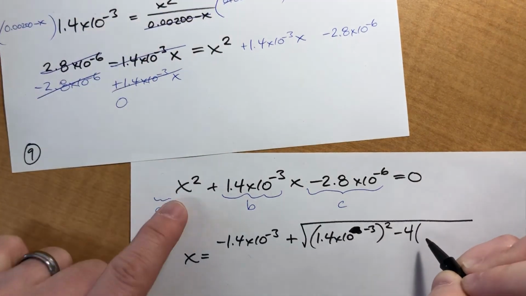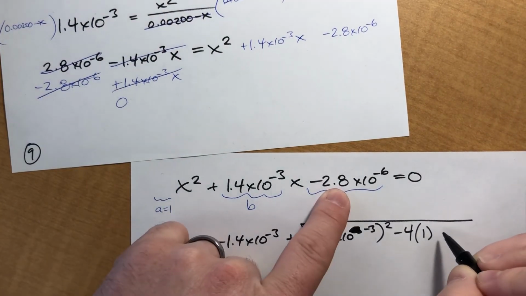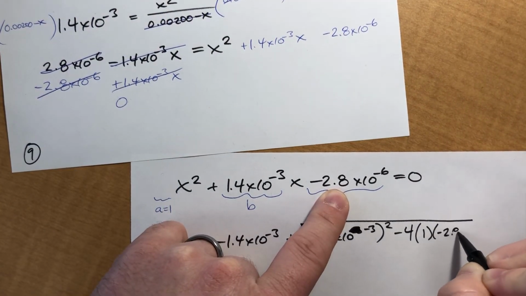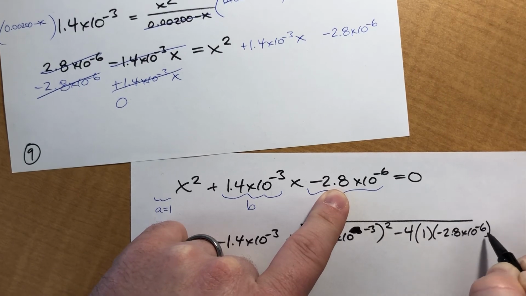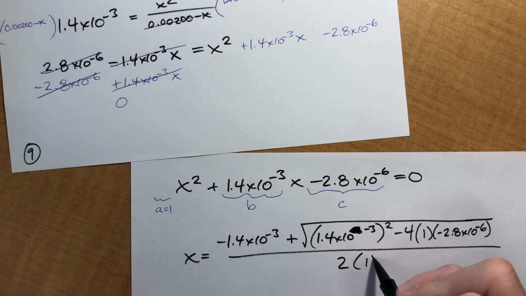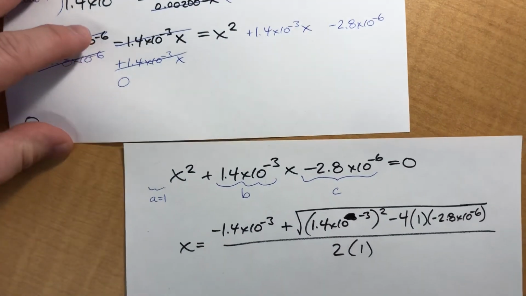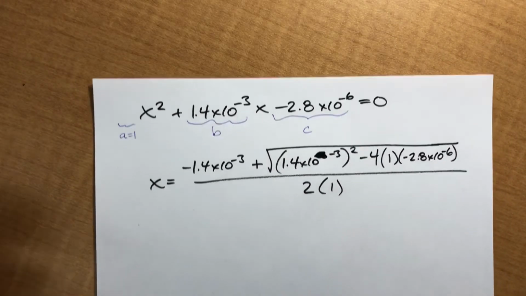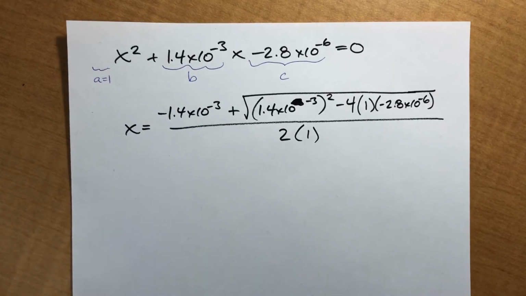A is 1, and c is negative 2.8 times 10 to the negative sixth. All of that over 2a, and a is 1. A is almost always going to be 1. I can't guarantee it always will, but 95% of the time.